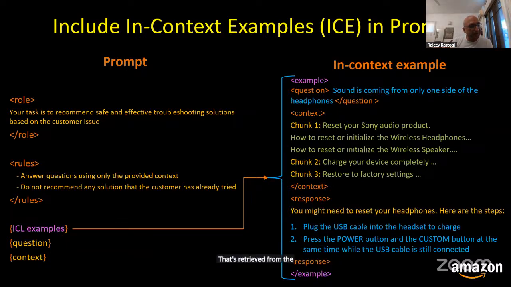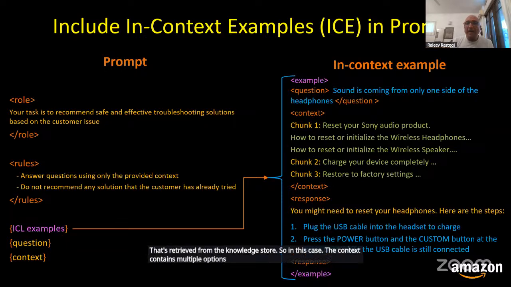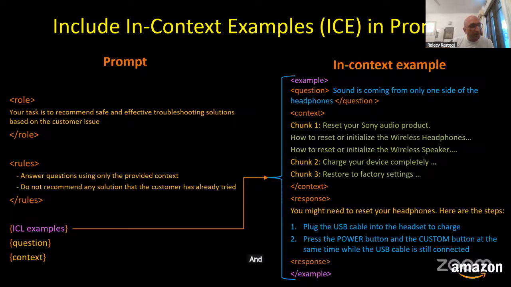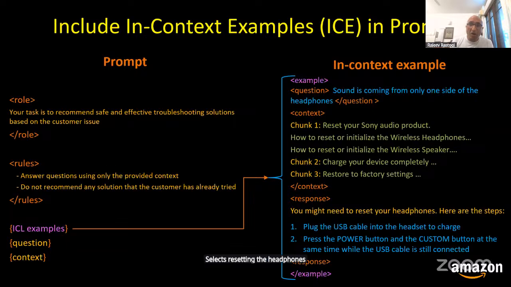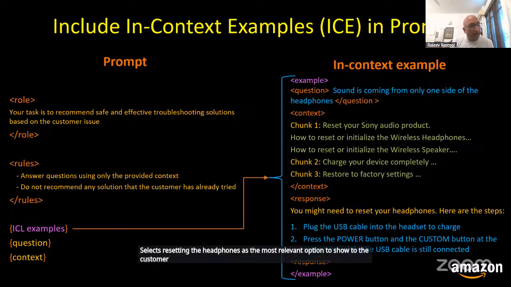In this case, the context contains multiple options to solve the problem, and there is one option here that involves resetting the headphones. You can see the response section here on the slide selects resetting the headphones as the most relevant option to show to the customer, along with the step-by-step instructions.